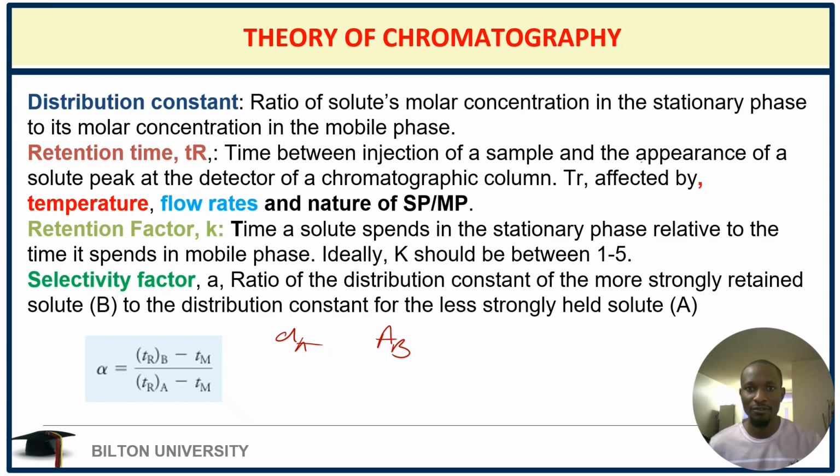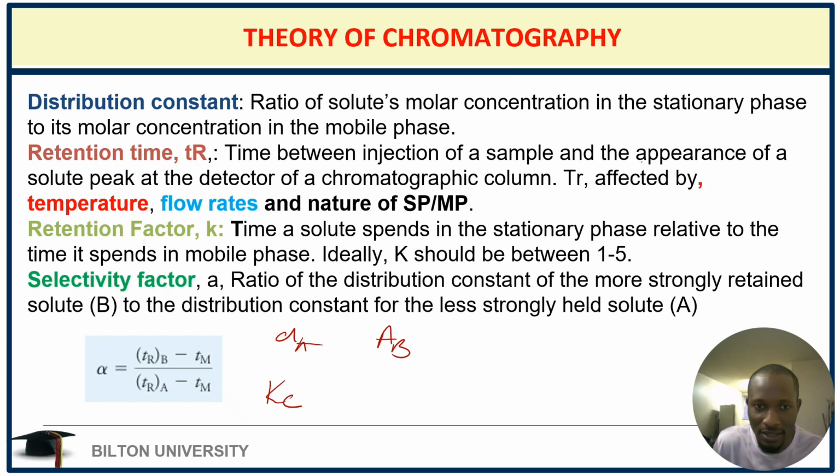Now, in terms of the molar concentration, we can represent distribution constants as Kc. This is what is happening. You have solute A and solute B within a mixture. You may find that solute A spends more time in the stationary phase than it spends in the mobile phase, when the mobile phase and the stationary phase are at equilibrium.